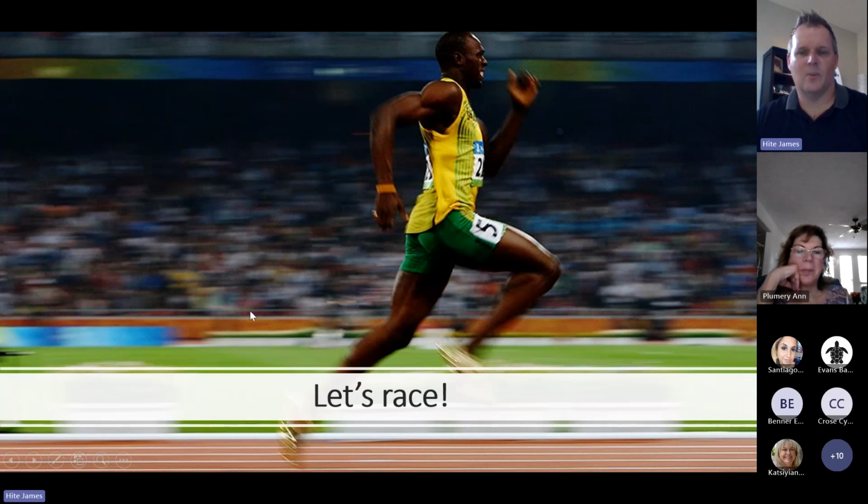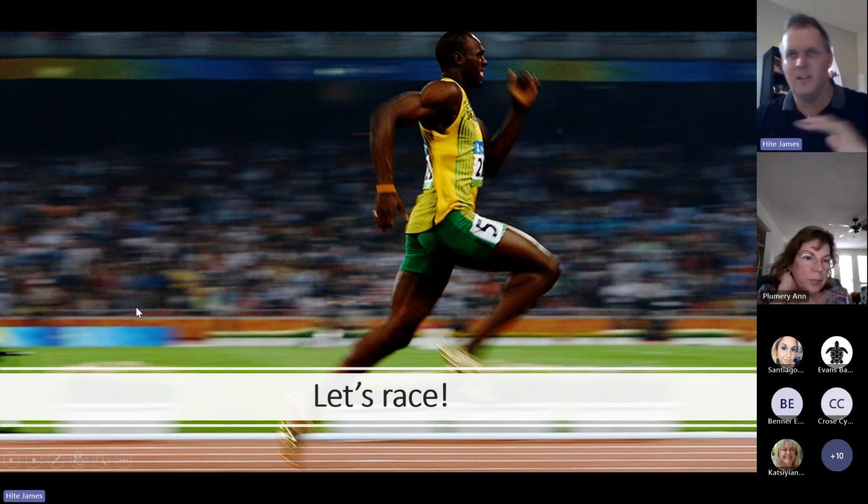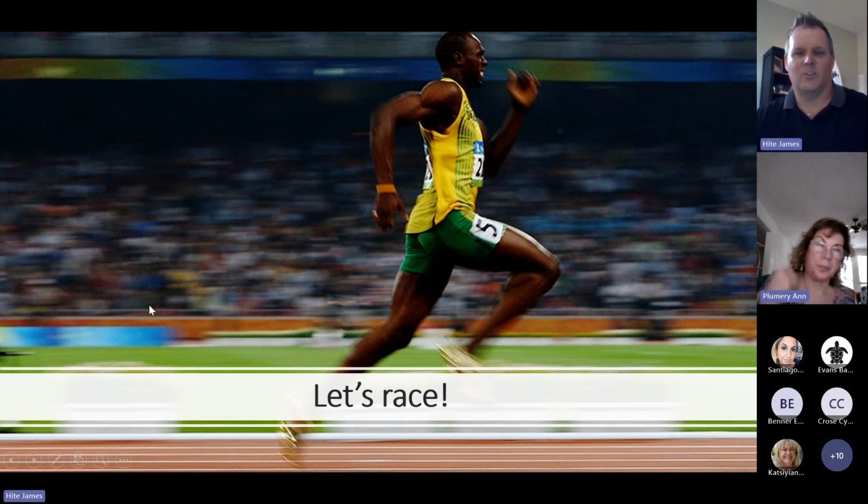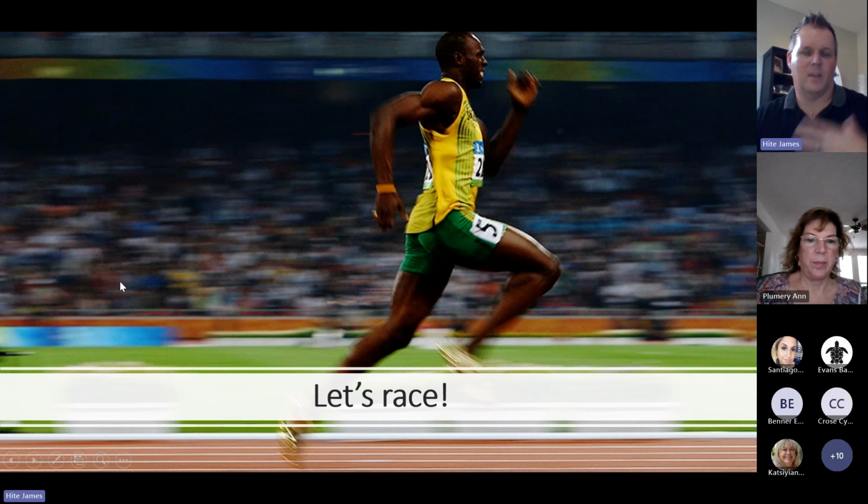So let's race. On this slide in the notes section, think about taking them outside and having them do a little obstacle course. Have them run around a tree, make it look like a path. Have each student run it, time them, see how long it takes them to run this path, and then have them think about and talk about, where during your run did you speed up?